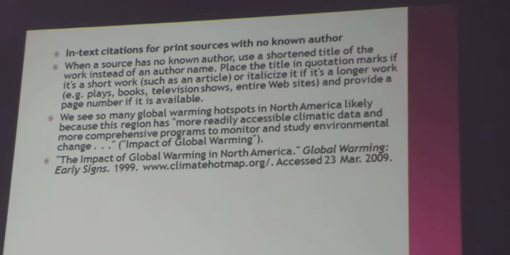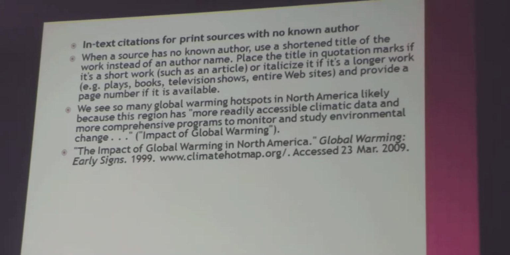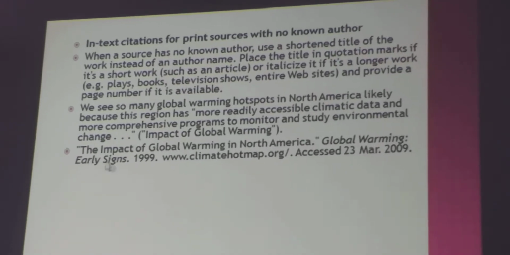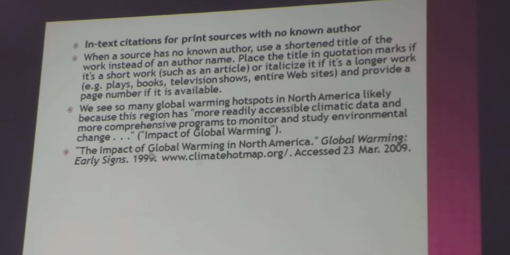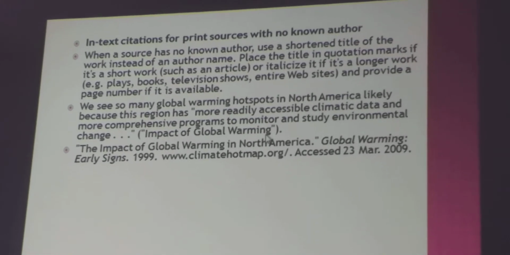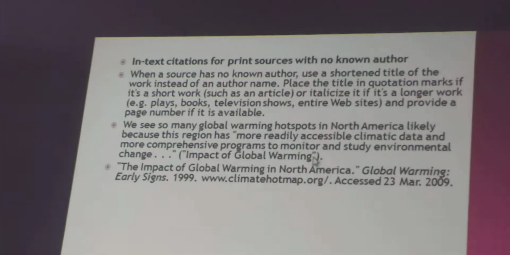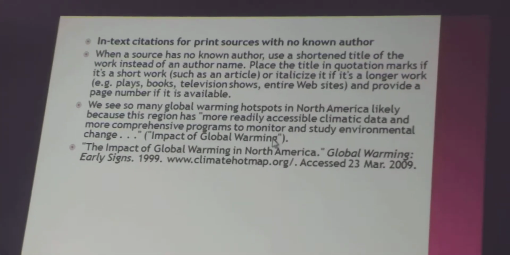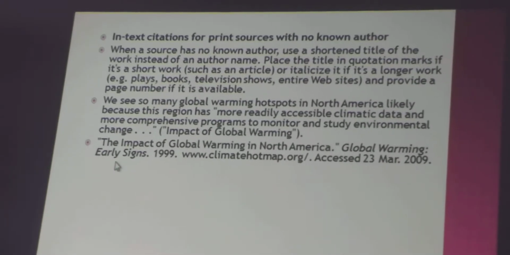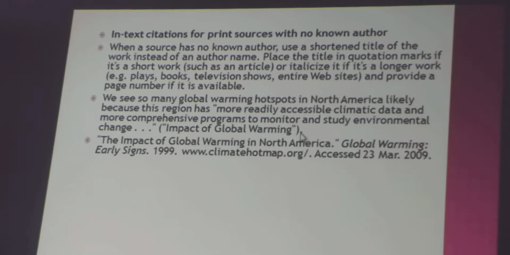In-text citation for a print source with no known author. As you can see here, this is how to list it in MLA. So we've got impact of global warming. What is missing is the page number, and I took this through the source, and I keep it as it is since I took it from the source.